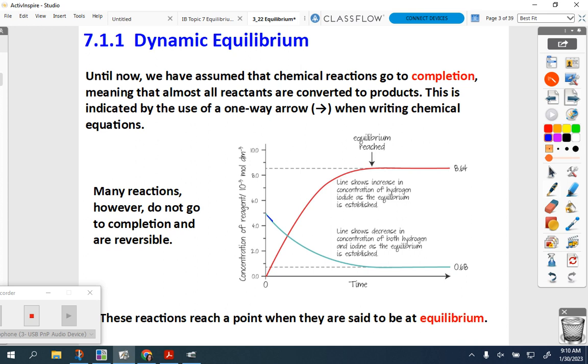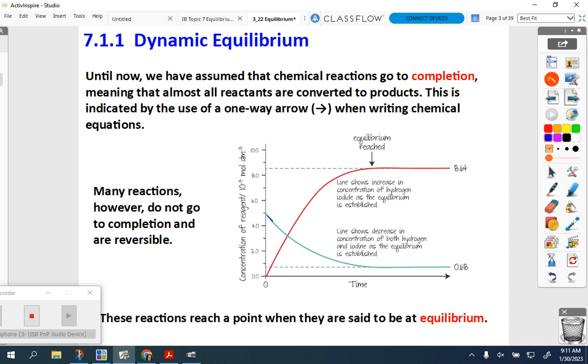The difference here is, notice that this blue-green line doesn't reach 0. Okay, so our reactants never go to 0. But they do reach a steady state. They reach an asymptote. Okay? And the asymptote, the steady state, is what we call equilibrium.